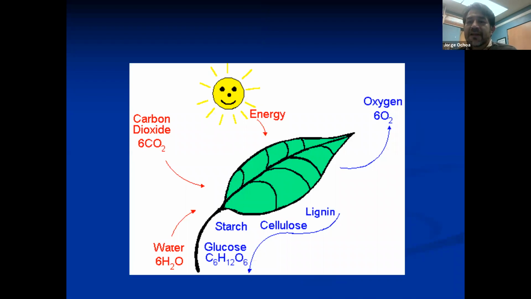The leaves will play a vital role, and that is going to be for carrying out photosynthesis. Plants are able to manufacture their own food. They're going to take very simple compounds. They're going to take water from the soil. They're going to take carbon dioxide from the air.